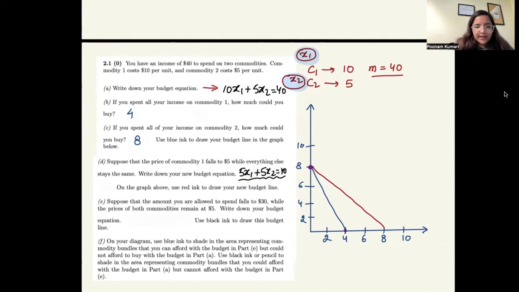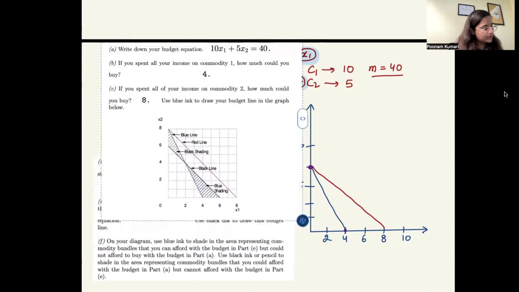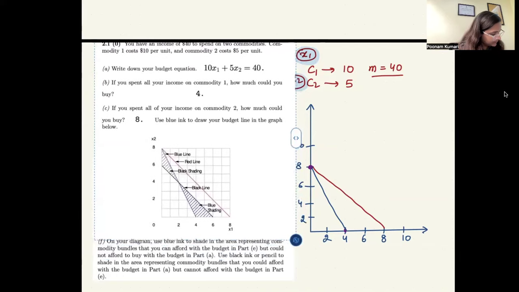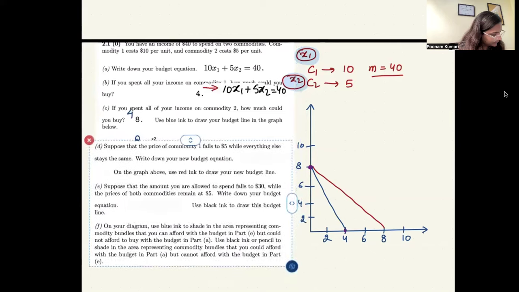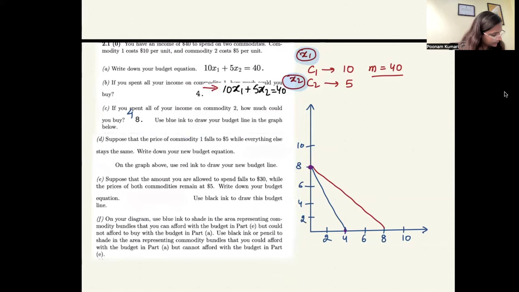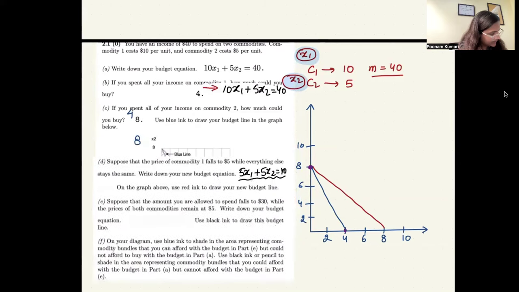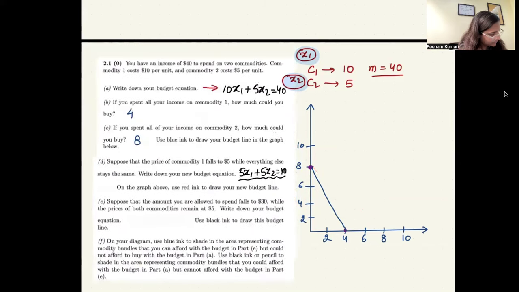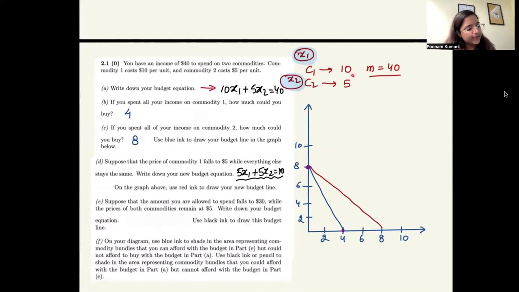तो अब ई पार्ट क्या बोल रहा है? ई पार्ट बोल रहा है कि suppose, ओके वेयर इज दिस. मैम एक बार डी पार्ट दोबारा समझा दो. एक सेकेंड, I will just show you that. हाँ, डी पार्ट I will explain again. सो डी पार्ट में हमने क्या बोला, देखो कि मेरा प्राइस जो है पहले 10 था, अब वो 10 की जगह 5 हो गया है. राइट? तो पहली जो मेरी इक्वेशन थी 10x1 प्लस 5x2 इज इक्वल्स टू 40, वो क्या हो गई है? 5x1 प्लस 5x2 इज इक्वल्स टू 40. यहां तक हमें समझ आ गया?